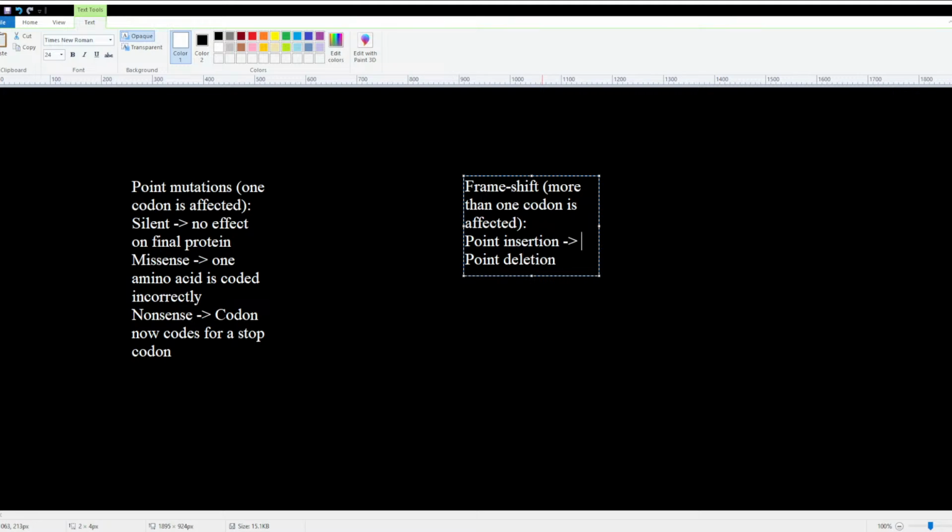Point insertion is when we add a nucleotide where it doesn't belong. And in point deletion, we delete a nucleotide from the DNA.